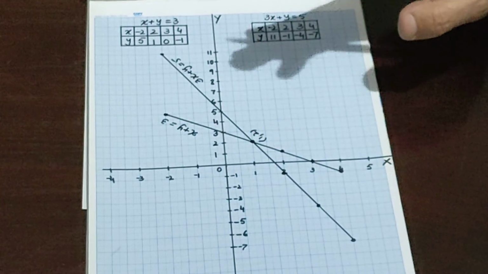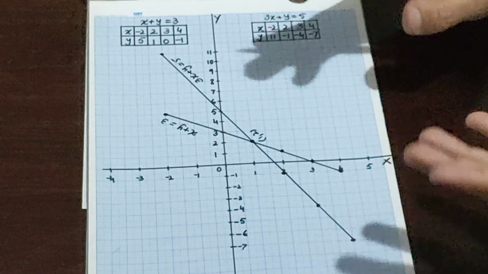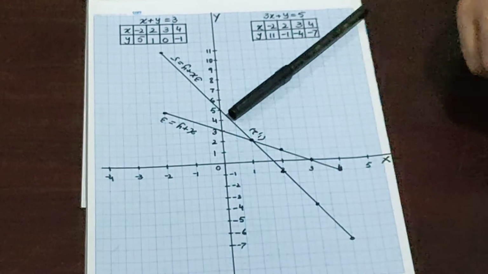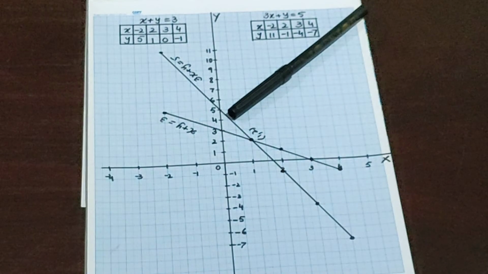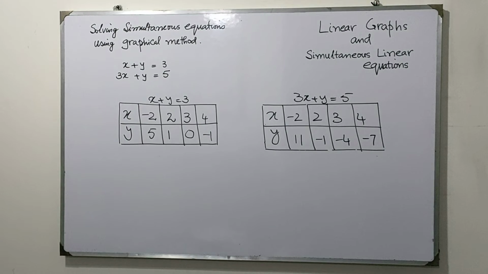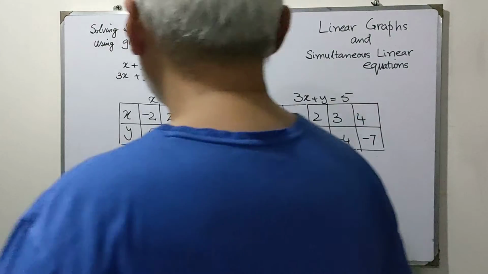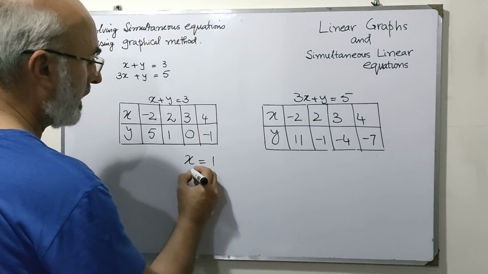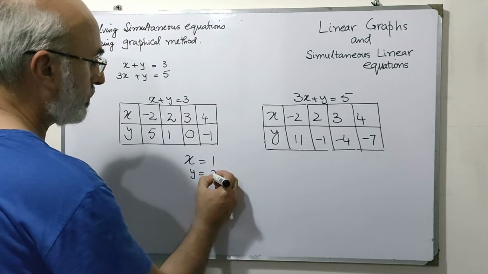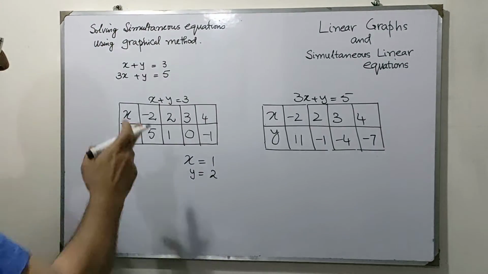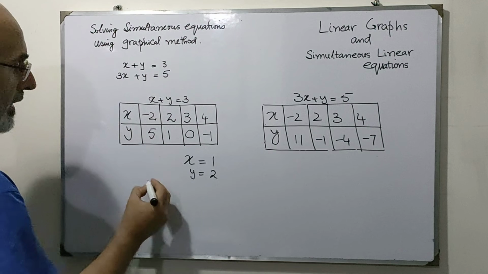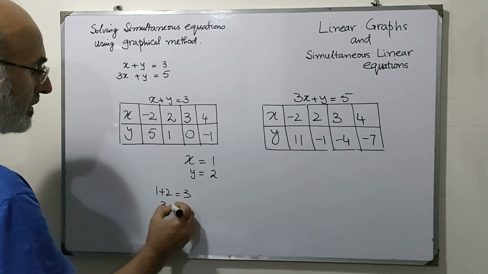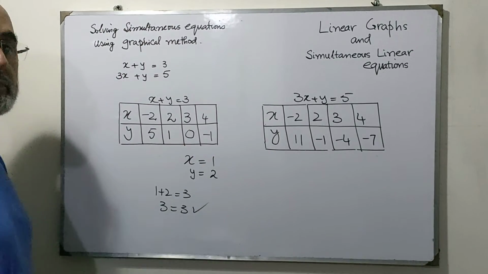Now let's apply that solution to the equations and see if it is the correct solution or not. The solution we obtained is x is equal to 1 and y is equal to 2. This is x plus y, so 1 plus 2 is equal to 3. So 3 is equal to 3. Correct, it is a solution.